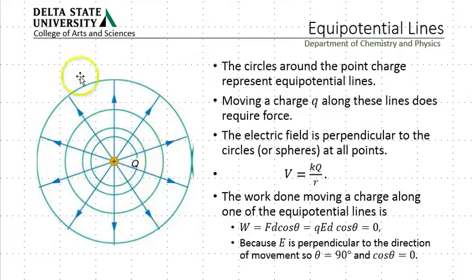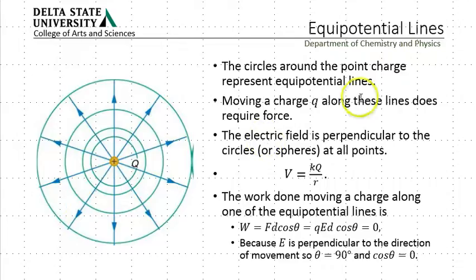It's kind of like if this were gravity and this were the Earth in the middle, and you're going in a big circular orbit around the Earth, your gravitational potential energy isn't changing at all because your height isn't changing. You're at the same height above the Earth the whole time, right? So we can actually move a charge Q along these circles and not experience any force on it.